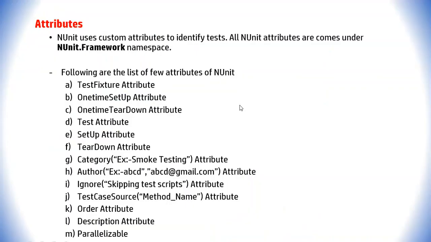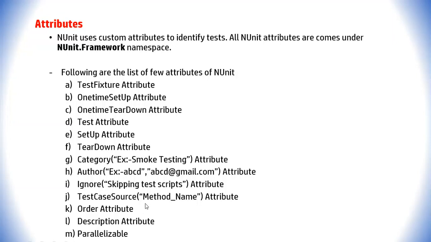In our next tutorial, we'll discuss what exactly the setup attribute and teardown attribute do, and how you can categorize your test scripts. We'll also cover the author attribute, so you can determine who has written a particular test script and mention their email ID, and how you can skip a particular test script by using the ignore attribute.